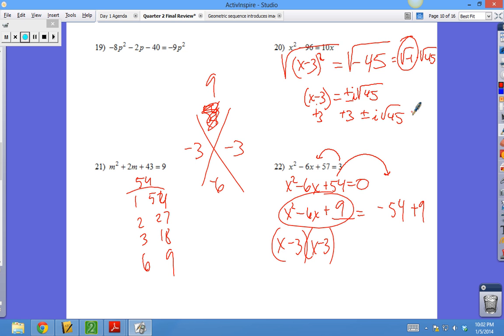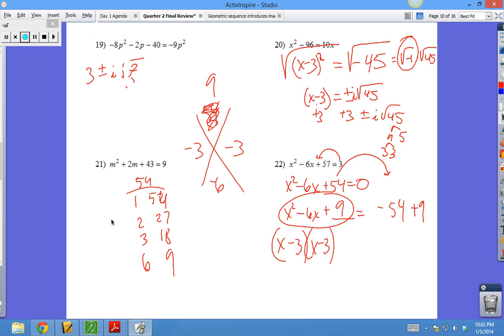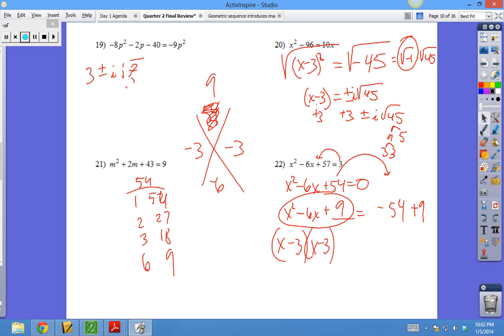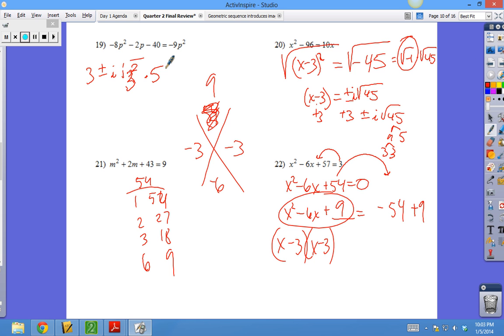But the square root of 45, you're going to break that up to a 9 and a 5, a 3 and a 3. So I've got 3 plus or minus i times the square root of 3 squared times 5.